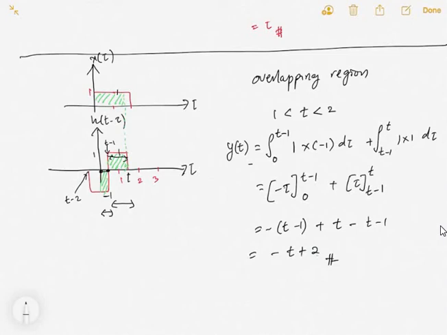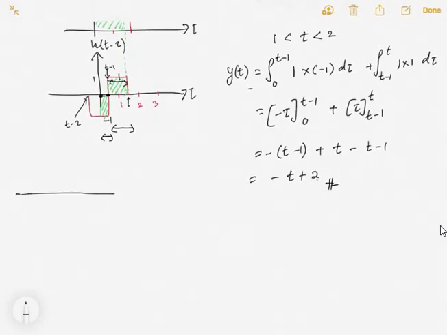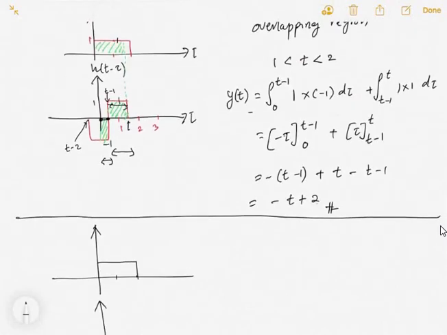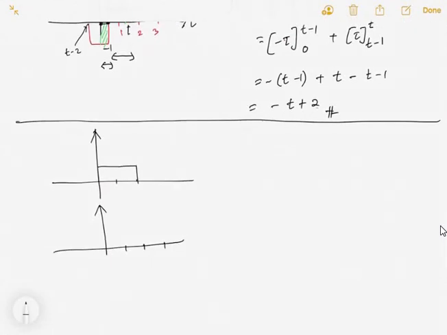Again, you have to continue shifting. You shift until there's no overlapping. Just now it was from 1 to 2, now it's 2 to 3. 2 to 3 means the signal is like this.